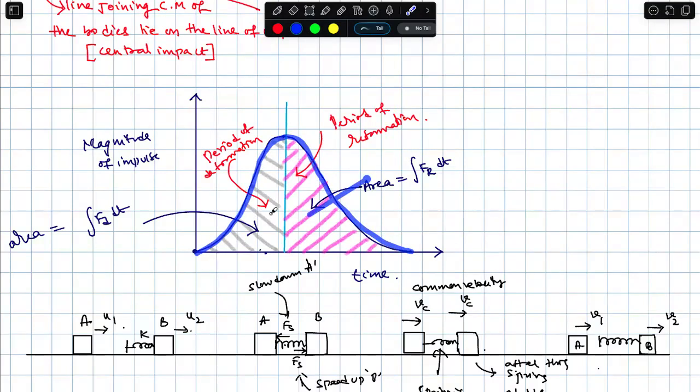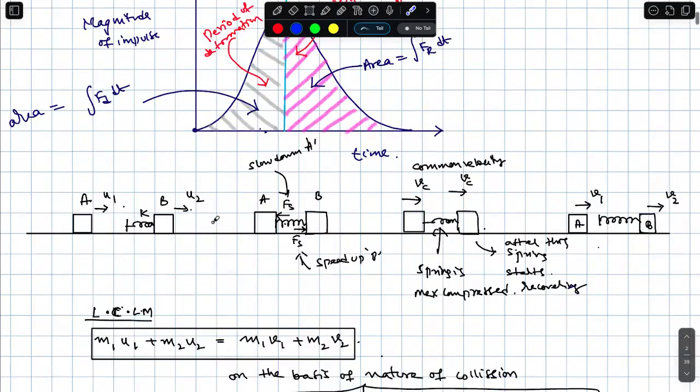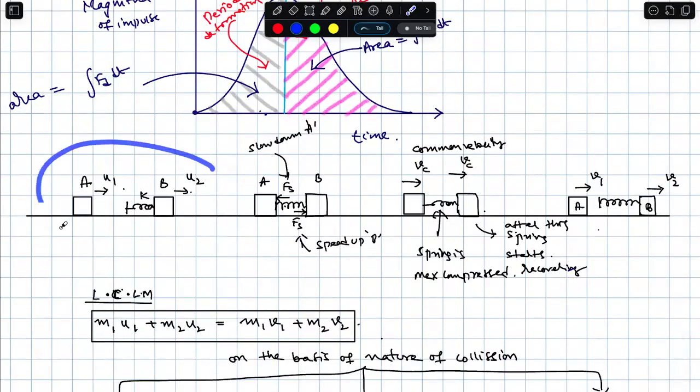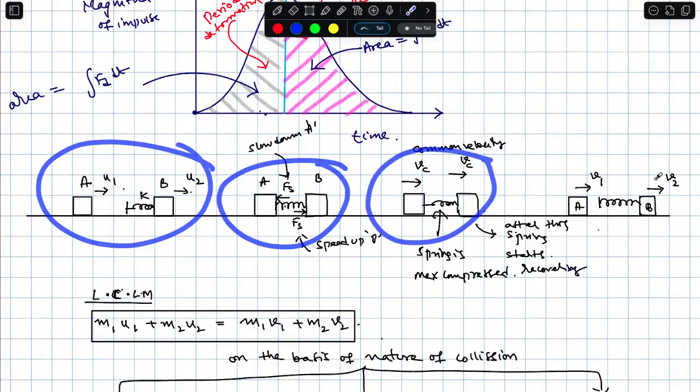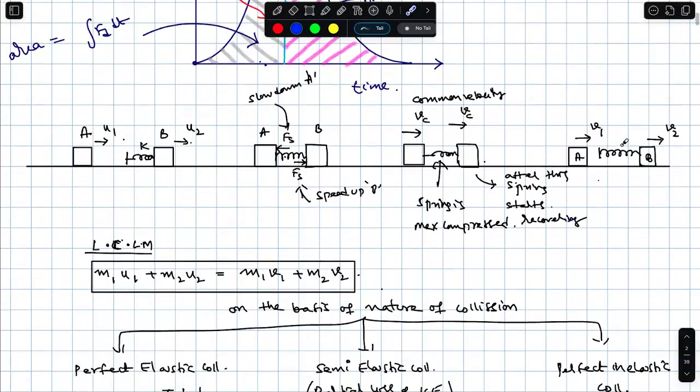This is the recovery region, and this is the deforming region. That is the stage, which I have explained with the spring situation.